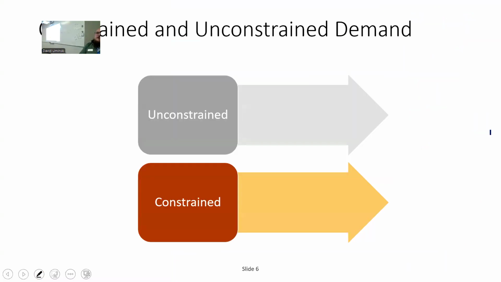All right, so now let's talk about our demand periods. We have unconstrained and constrained demands. How many of you have heard of the concept of supply and demand? Who can tell me, Alondra, what does supply and demand mean? Okay, that's fine. Anybody else?